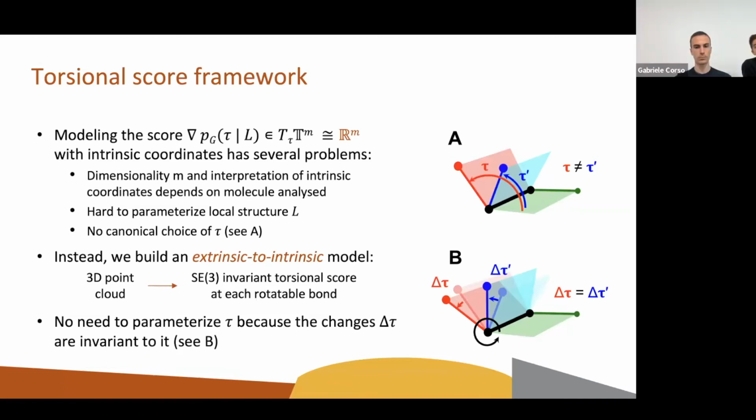Oh, good. But maybe it's also helpful just to very briefly give a quick summary of the whole thing that we're doing. We have a molecule with some rotatable bonds. The rotatable bonds have torsion angles associated with them. And now in your diffusion model, you can diffuse the torsion angles by adding a little noise to them, and then we end up with some messed up conformer.